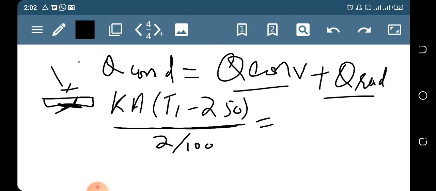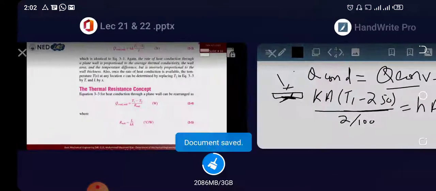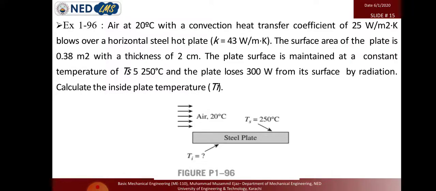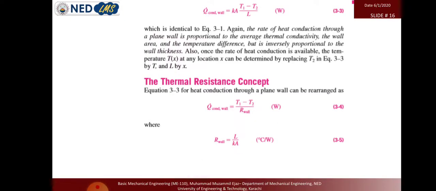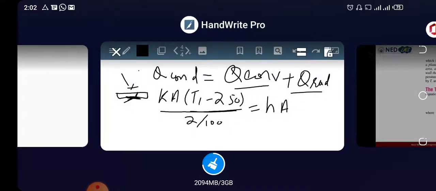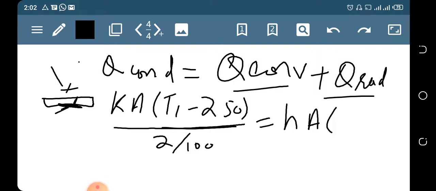And we have the formula of hA (Ts minus T infinity) plus 300 watt of radiation.